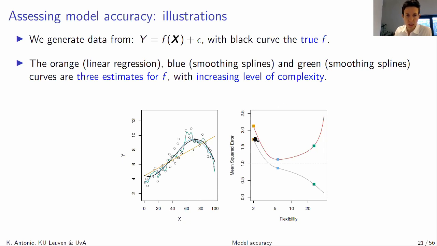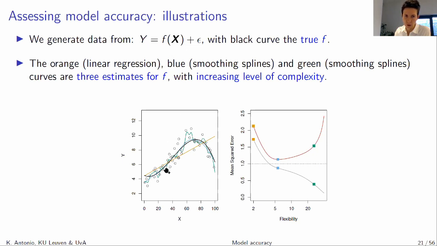So the whole idea is pictured in here. We know that there is this true f in black. That's the true signal, if you want, or trend in our data. We've got one input variable x, and we've got the outcomes y, which are then generated from this model: y is f of x plus epsilon.